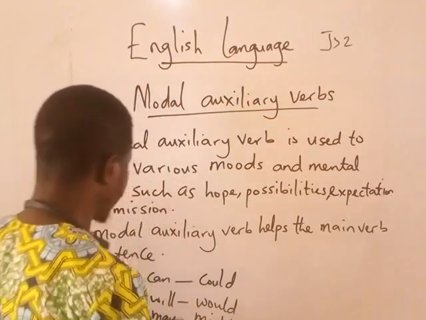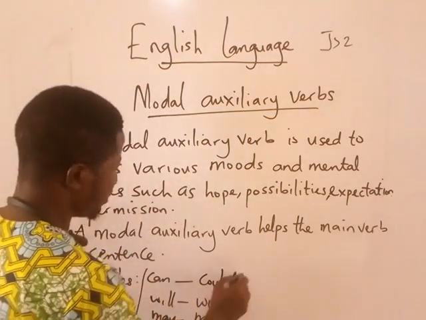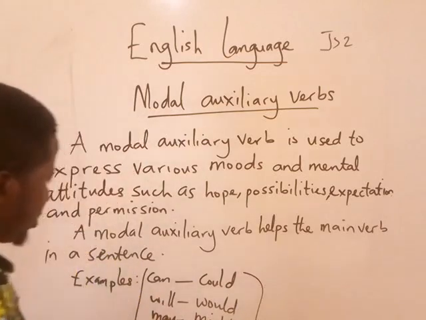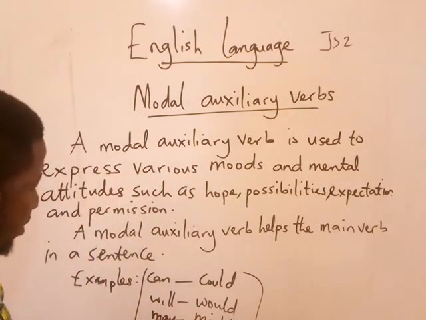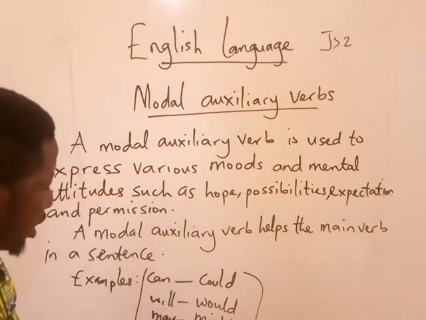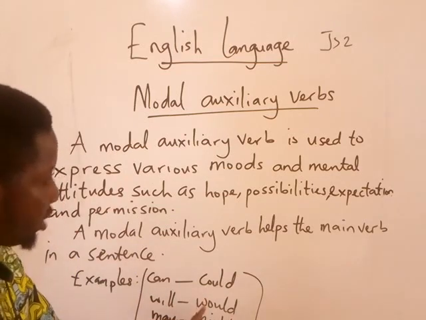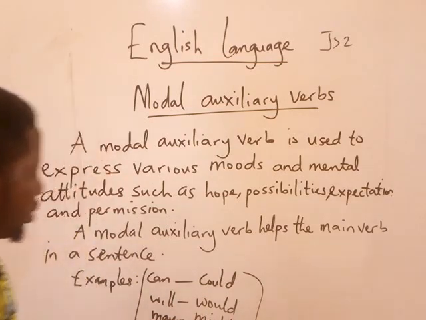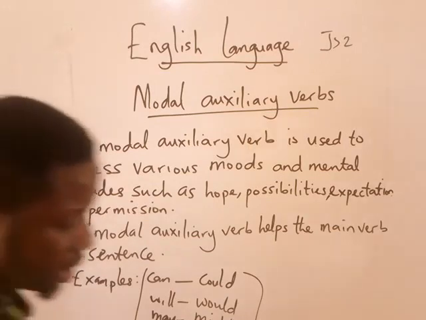So these are together. We have can to could, will to would, may to might, shall to should. Each of these has a function it performs.